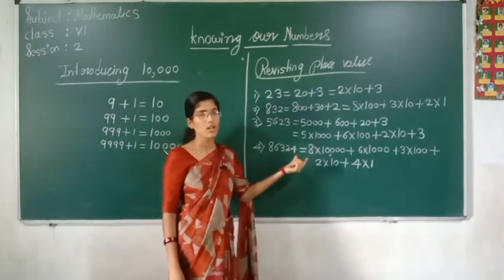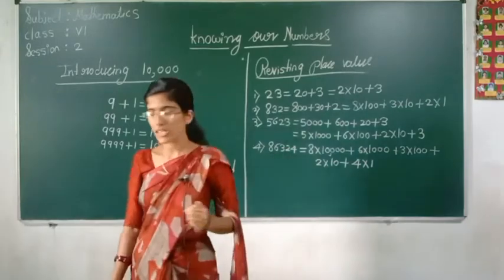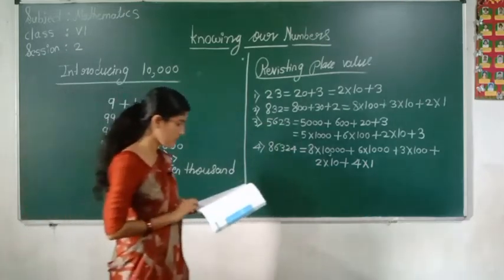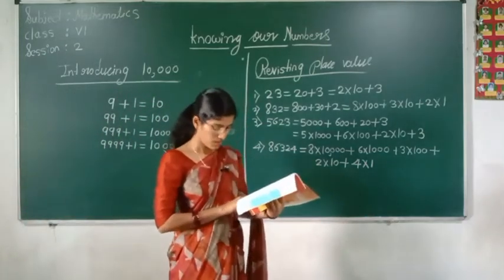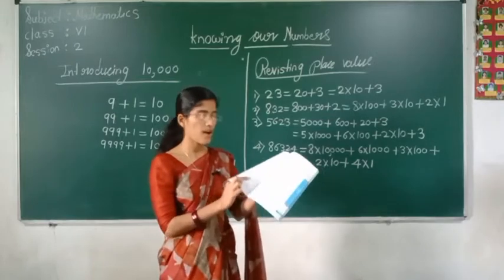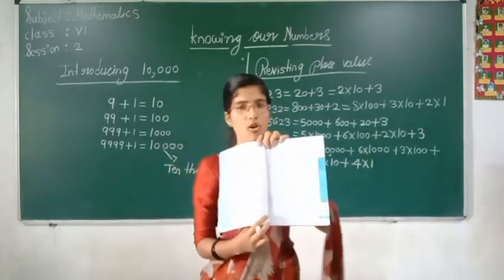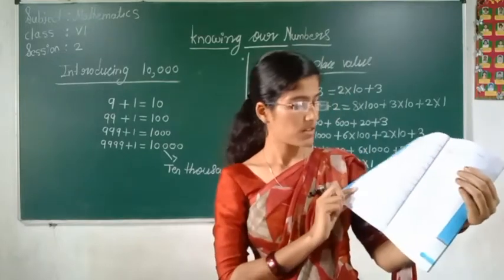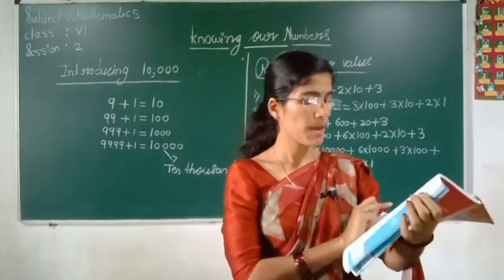86,324. Now see here, students, in your textbook, page number 6, you have to complete this box. Okay students, you have to complete this box, that is page number 6.